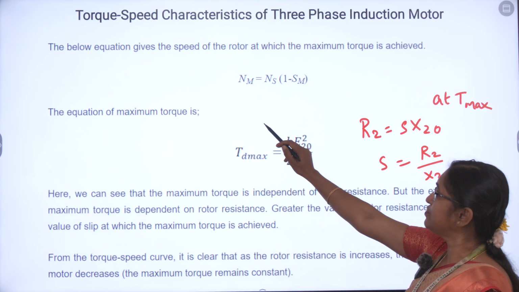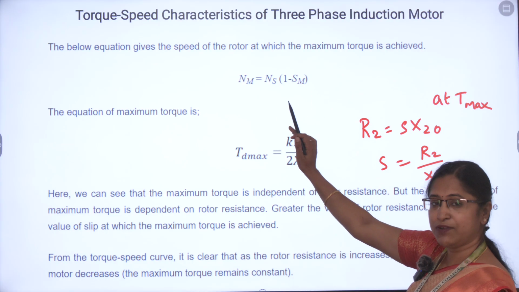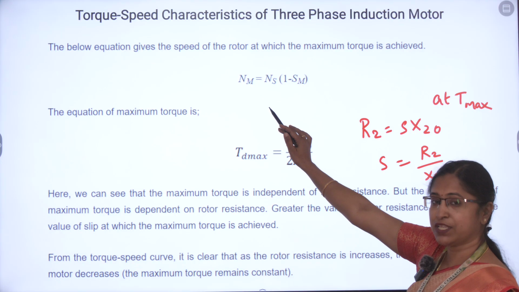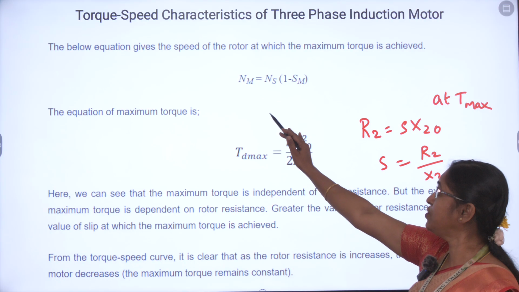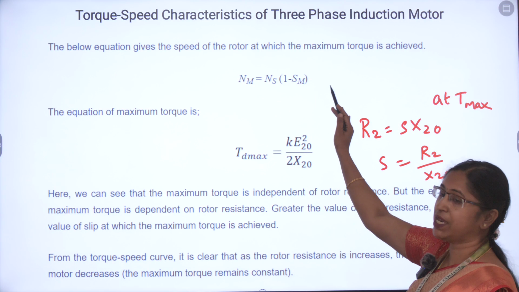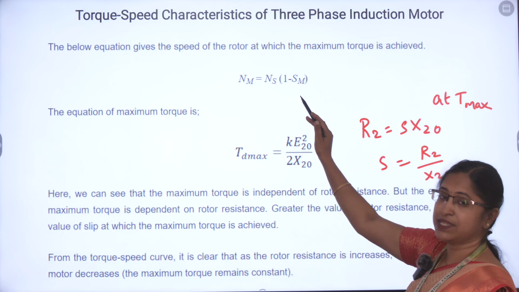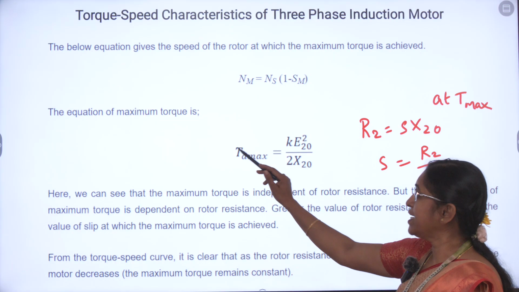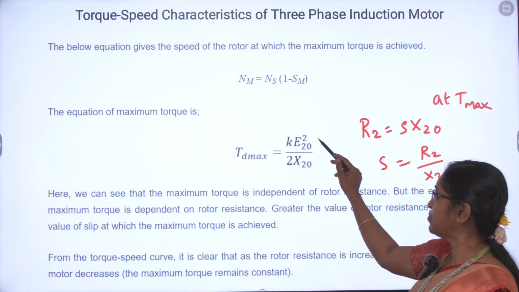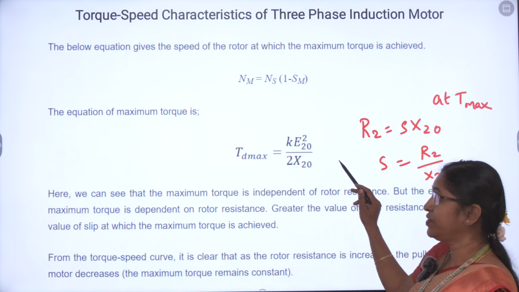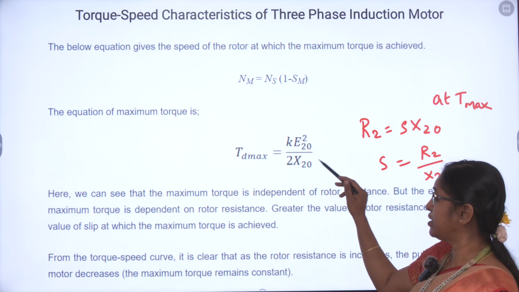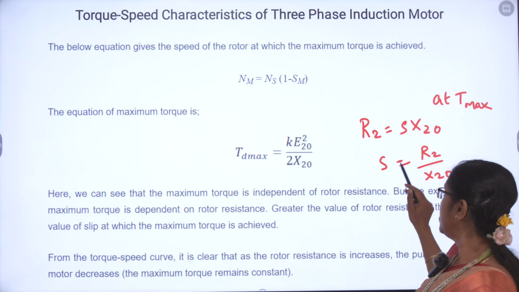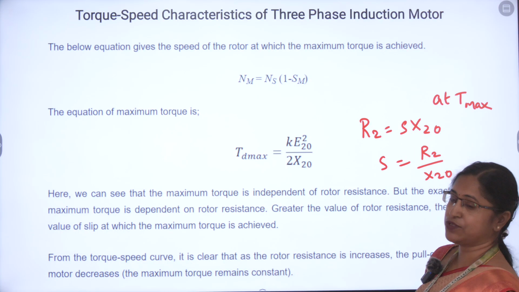The speed during maximum torque is given by Nm, which indicates the motor speed or rotor speed, equal to Ns into 1 minus Sm, where Ns is the synchronous speed and S is the slip. The maximum torque, as we saw, is K E2 square by 2 X2 naught, and the condition for maximum torque is R2 equals S times X2 naught, so S equals R2 by X2 naught.